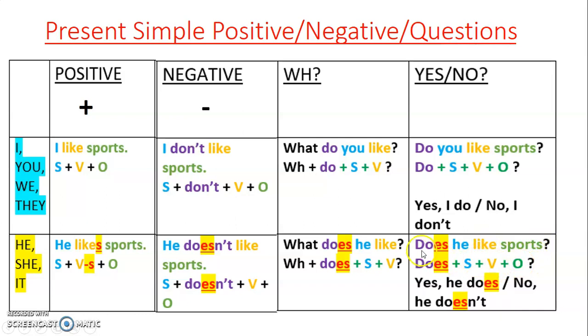So if somebody asks this question, does he like sports? You must answer, yes, he does. No, he doesn't. Why do we need to put he does? Because you need to have an agreement between the question and the answer. You have he here, so you must have he there. You have does in the question, so you must have does in the answer.